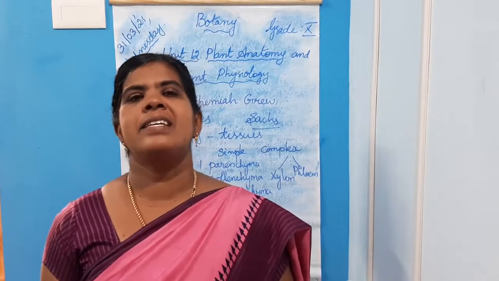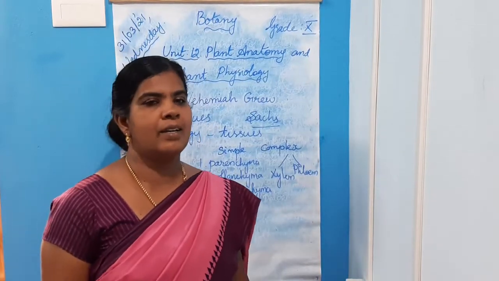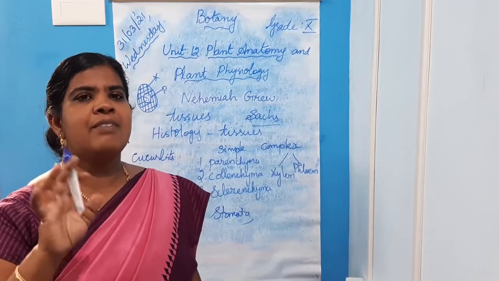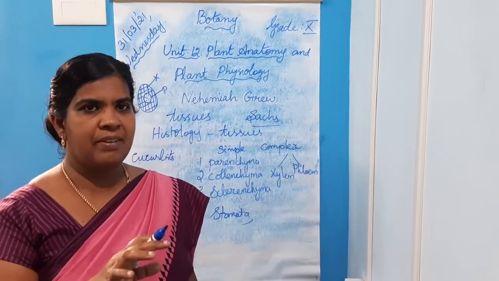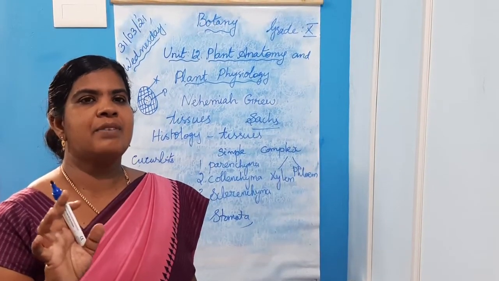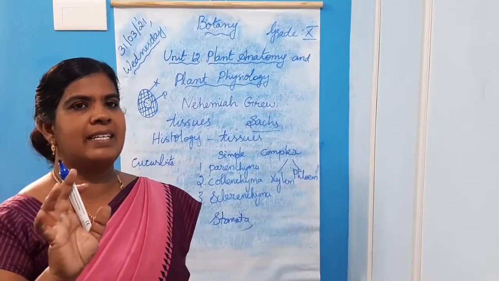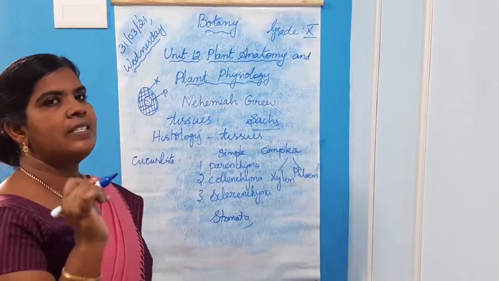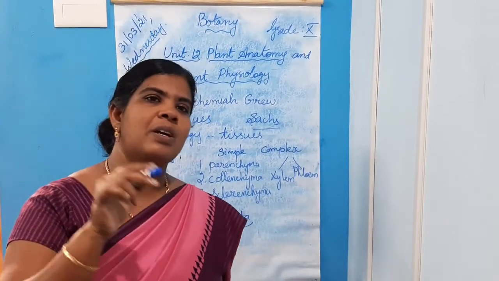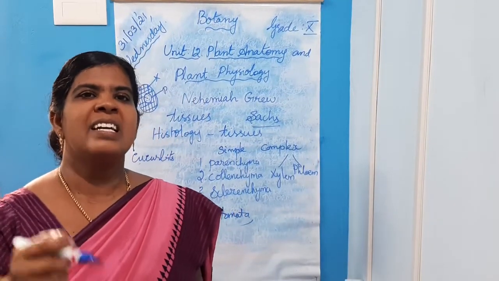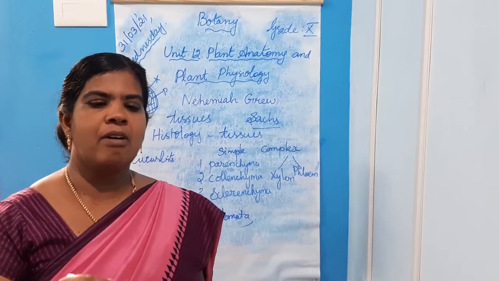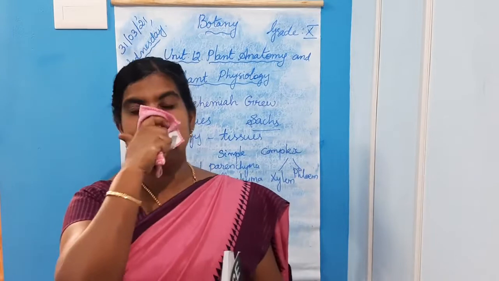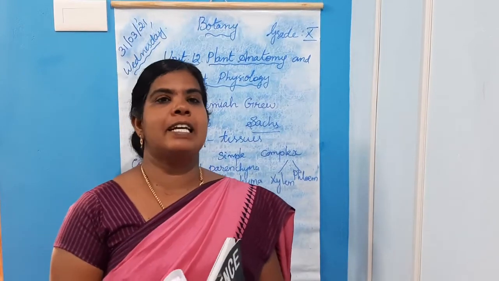Next, exarch and endarch. What is exarch? The protoxylem facing towards the periphery and the metaxylem facing towards the center is exarch. You all know what protoxylem is. Earlier formed or first formed xylem, which is smaller in size, is protoxylem.